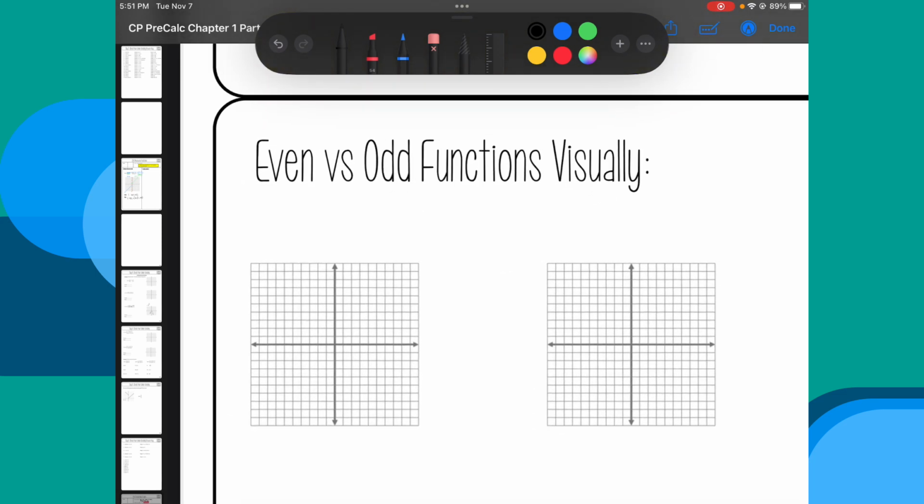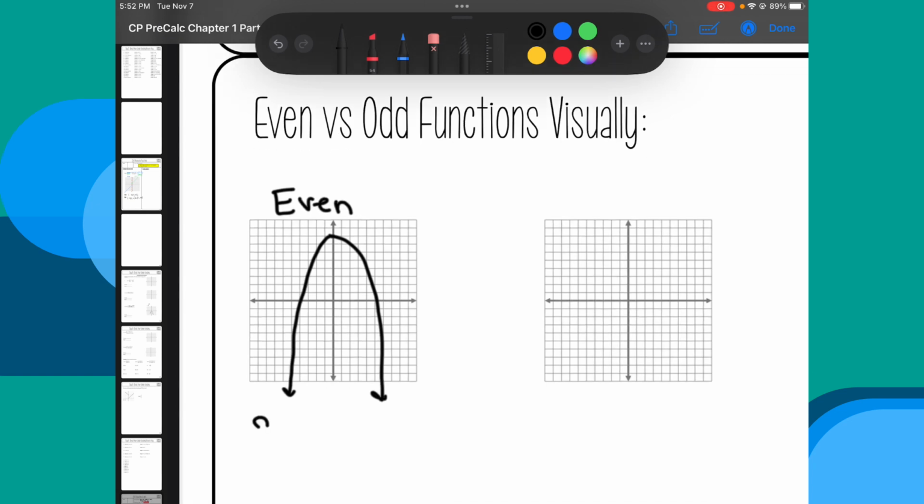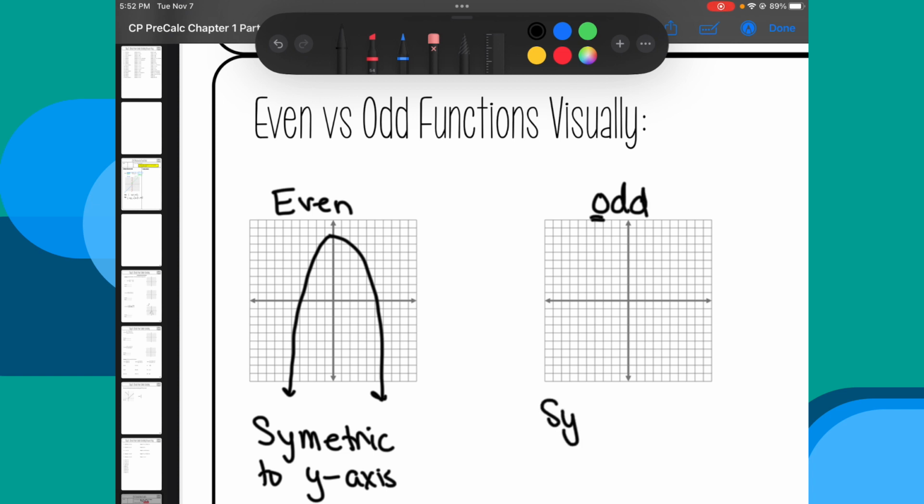The other thing we can tell about a function is whether it's even or odd by looking at the graph. A function that's even is going to be symmetrical across the y-axis. An odd function is symmetric to the origin. So maybe you have something that looks like this.